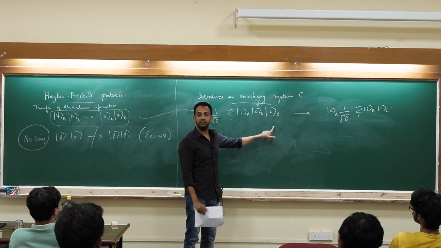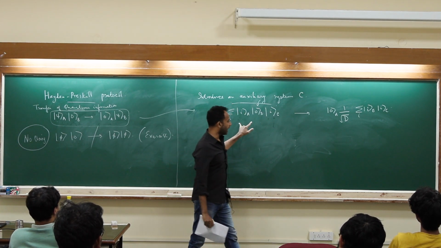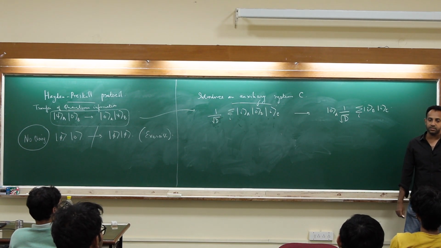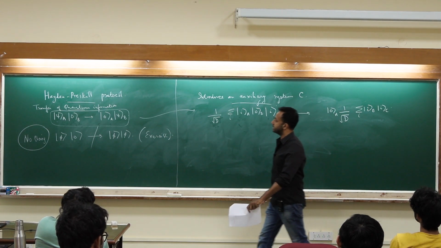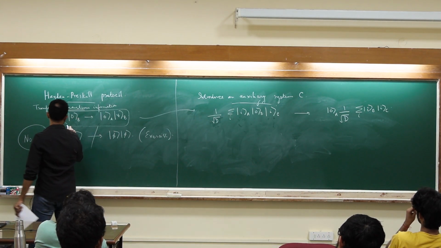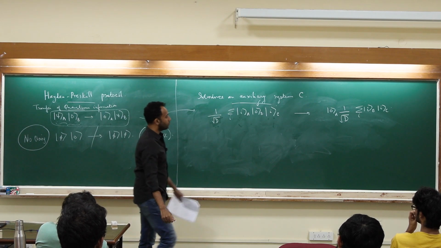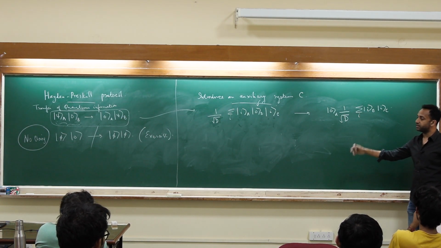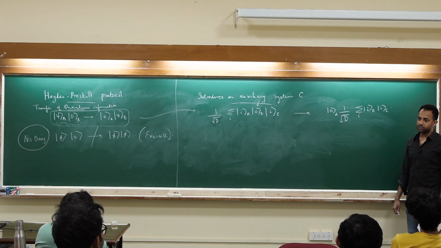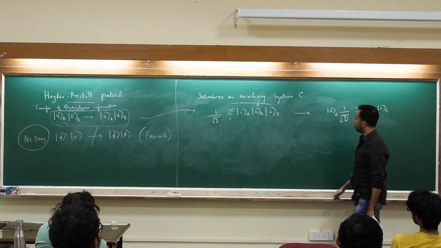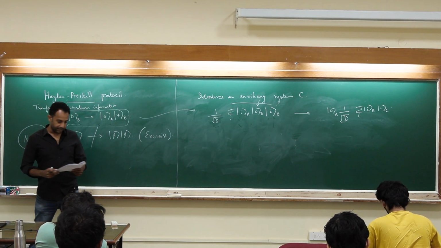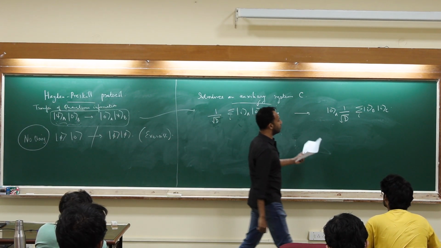The same operation I do on this one, the same unitary that was acting on these two tensor factors. I do that, and then I will basically get this. And D is the dimensionality of any of these, so that's just normalization.